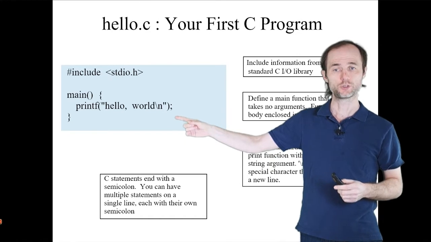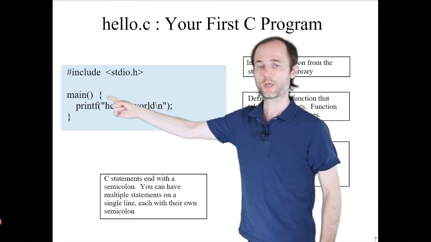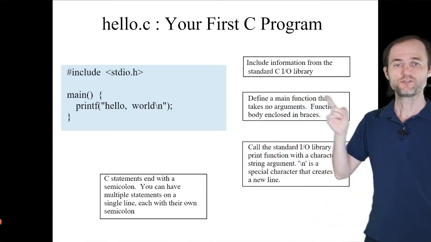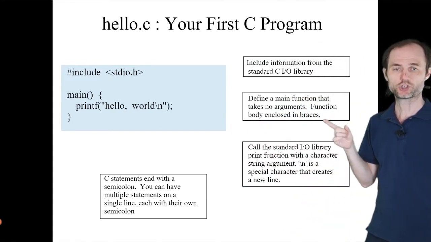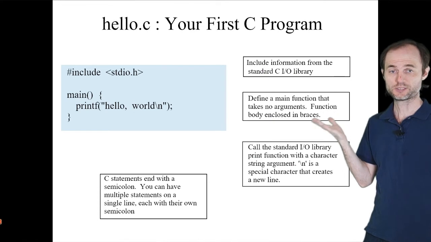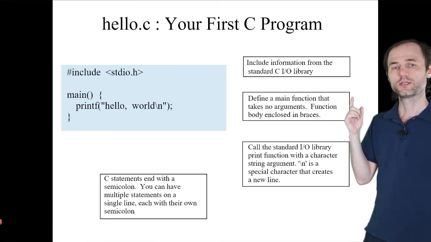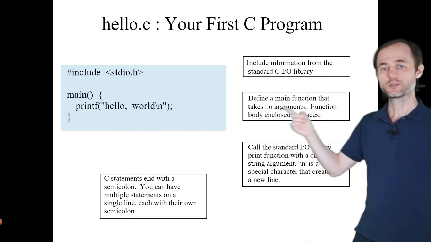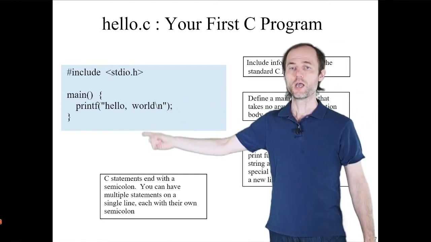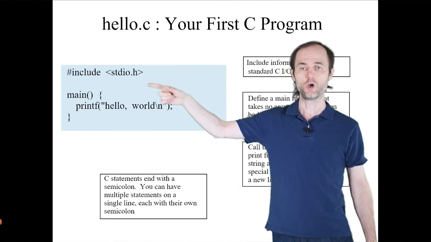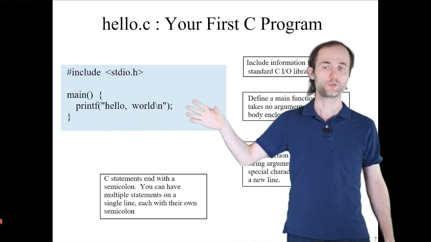But before we get to the printing, let's take a look at this statement main. This defines the main function that in this case takes no arguments. It can, in principle, take arguments, and we can talk about that later. And the braces enclose the body of the function. So everything in between the open and close brace is what's going to be executed.